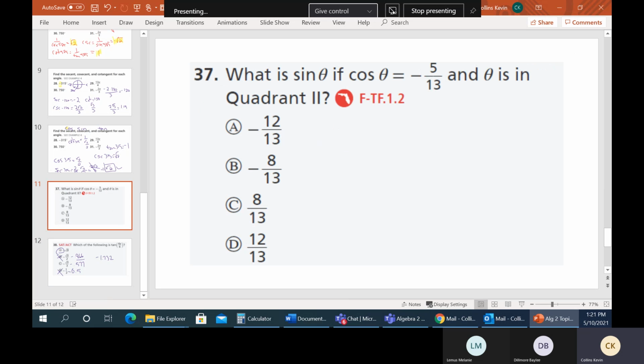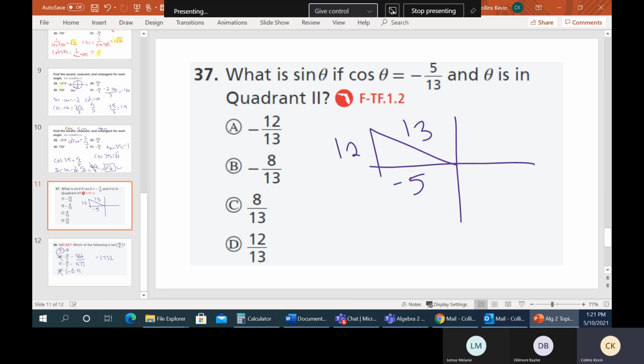Okay, last one. So this one says, what is sine if the cosine of theta is minus 5 over 13 in quadrant 2? So it looks like this. So we're in quadrant 2, right? So the cosine is the adjacent over the hypotenuse. And after we've done enough of these, we know this is a 5, 12, 13 triangle.